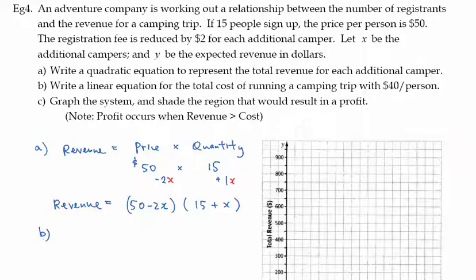Part B. Write a linear equation for the total cost of running a camping trip with $40 per person.